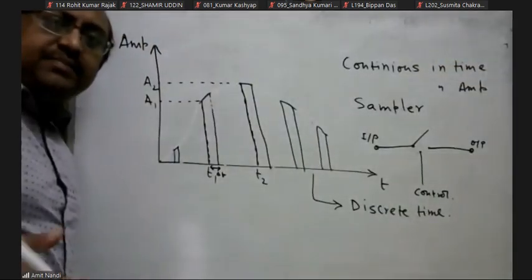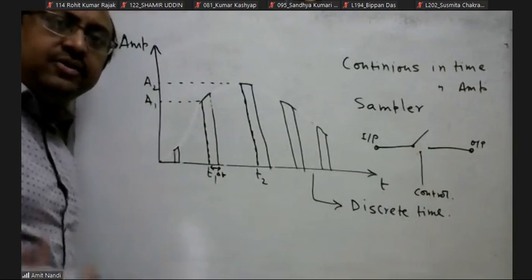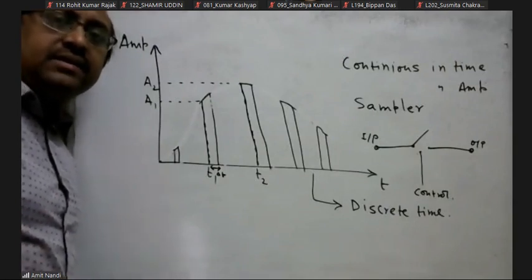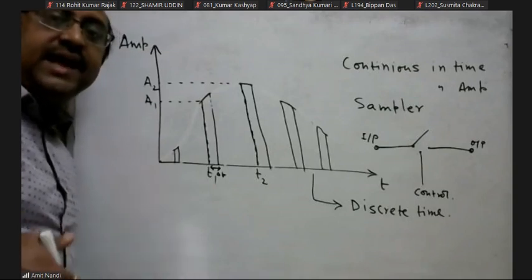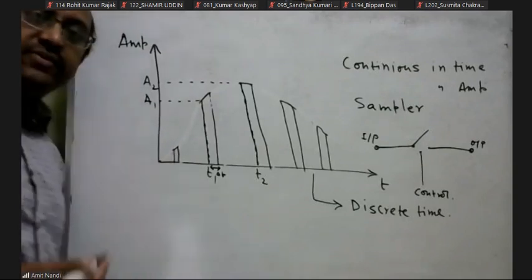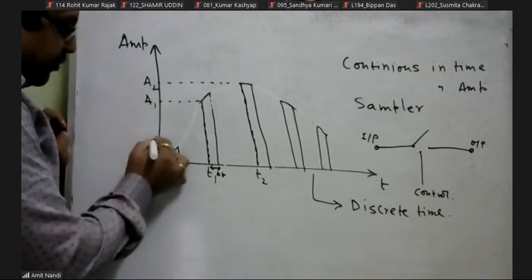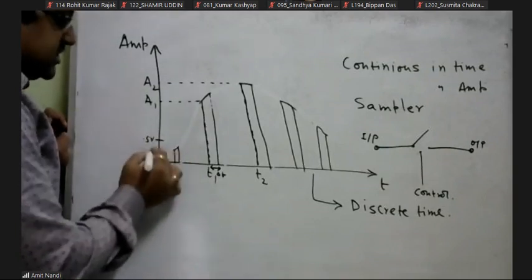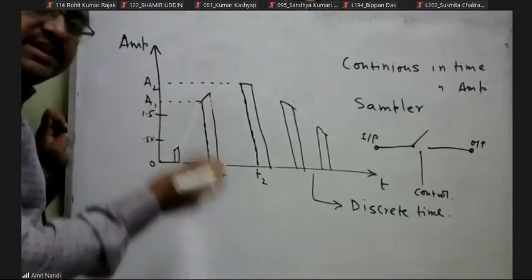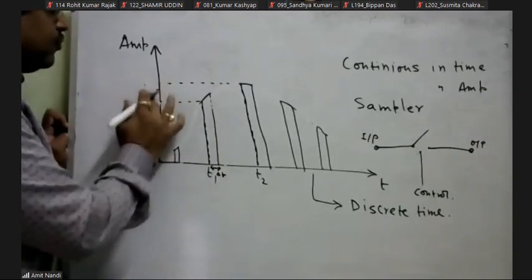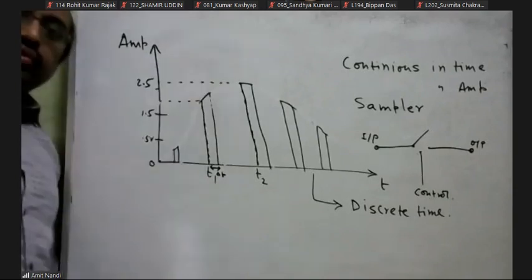Now after that, on the basis of logic, we do the encoding, and then we get the digital signal, which is discrete in time and discrete in amplitude. We use some logic. Say 0 to 0.5 volt can be considered as logic 0, 0.5 to 1.5 volt as logic 1, and 1.5 to 2.5 as logic 2.